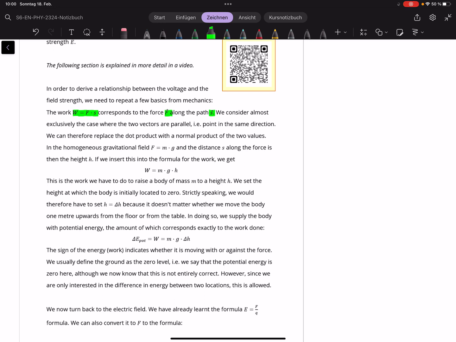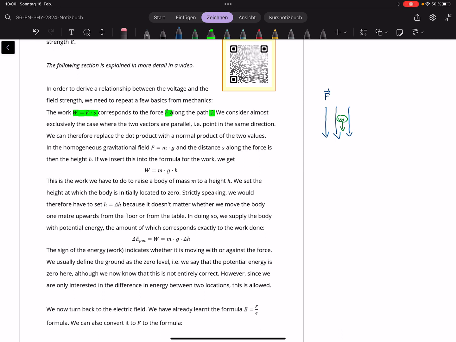So if I make a quick drawing, since we are in mechanics, this is the gravitational homogeneous field. We have a certain mass in here, and work is only done if the mass is moved parallel or anti-parallel to the force vectors.